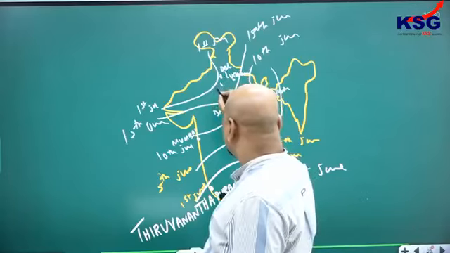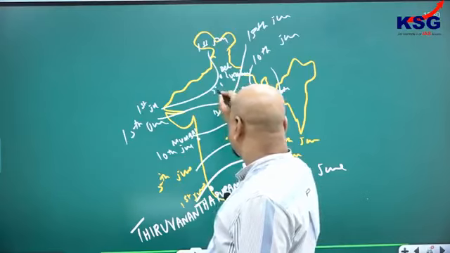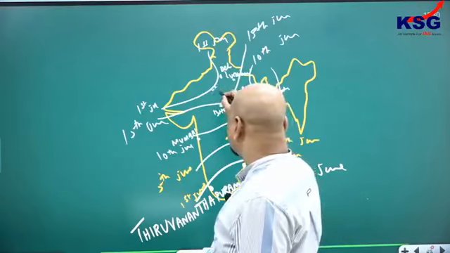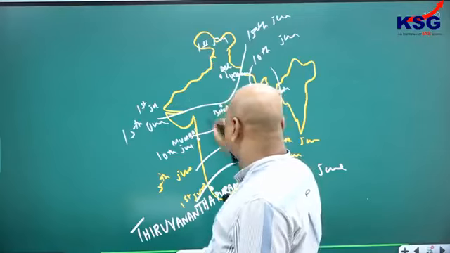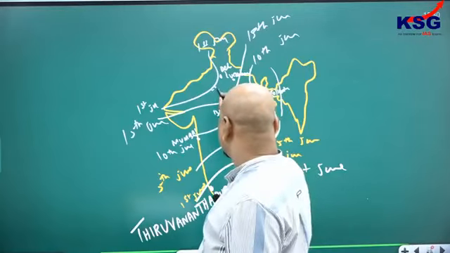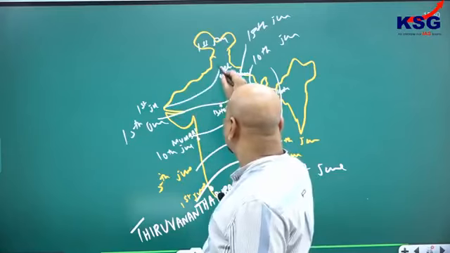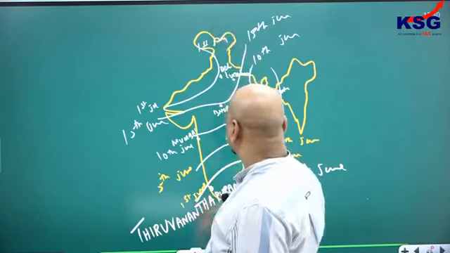And here you have जयपुर. जयपुर, दिल्ली सब कवर करके जाएगा. जयपुर या दिल्ली, at least you remember. दिल्ली. So here it is like this.